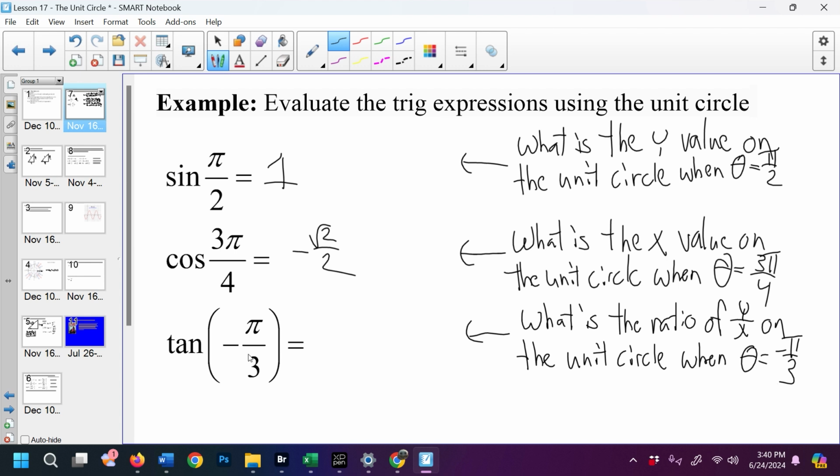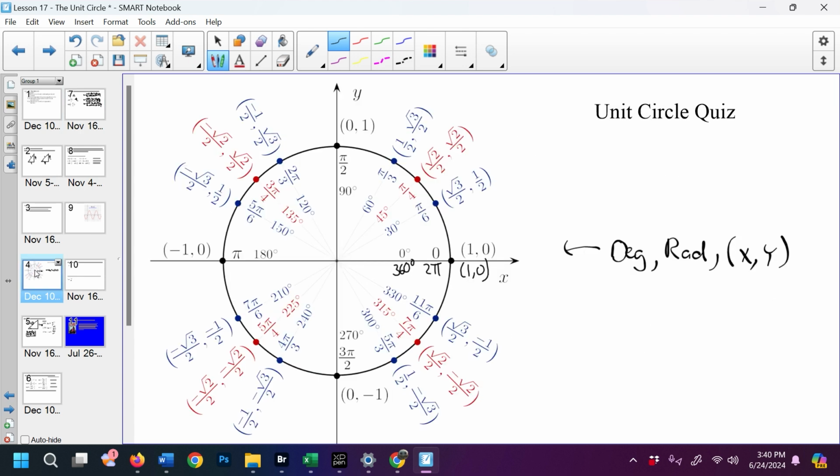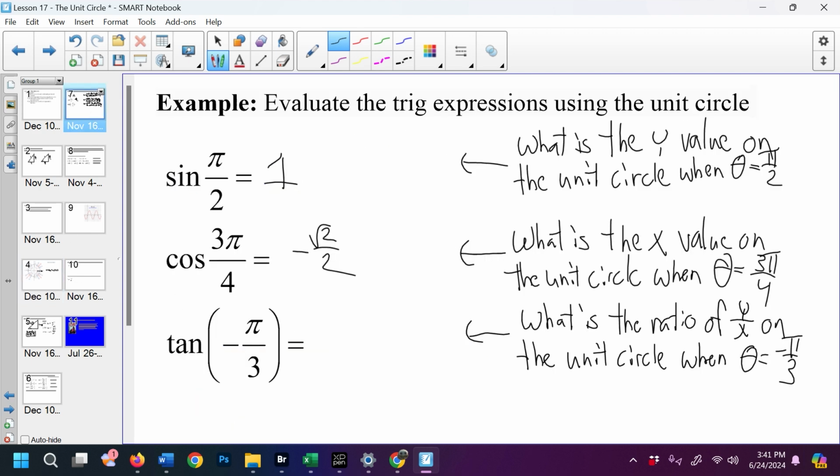Now, negative pi over 3 means that we are going clockwise on the unit circle. So if I start here, negative pi over 3 will be 5 pi over 3. Now, tangent is the ratio of y to x. So I have negative square root of 3 over 2 over half. So I'll come back up here, negative square root of 3 over 2 all over 1/2.